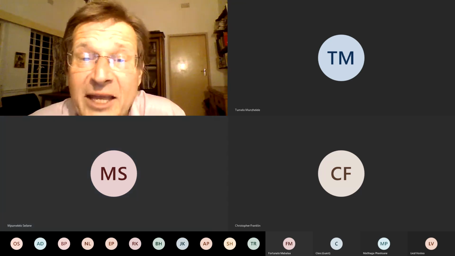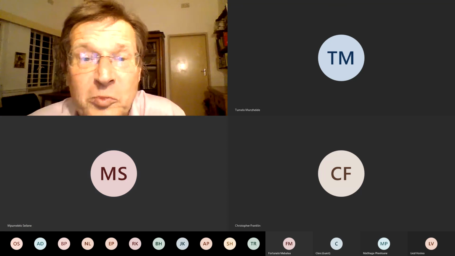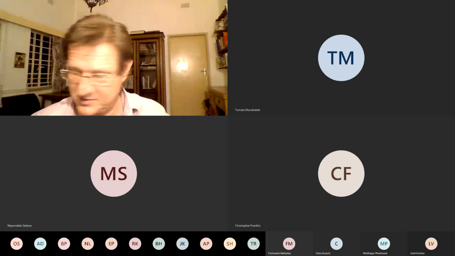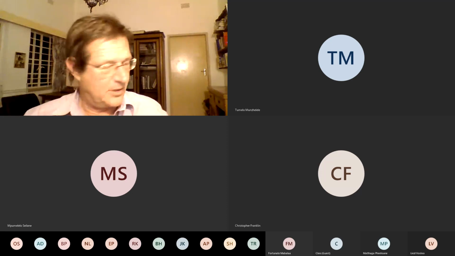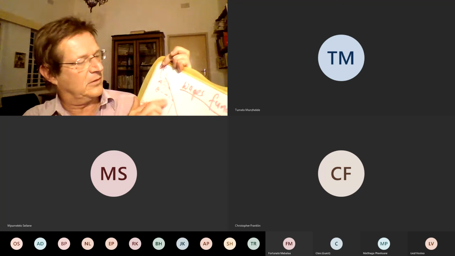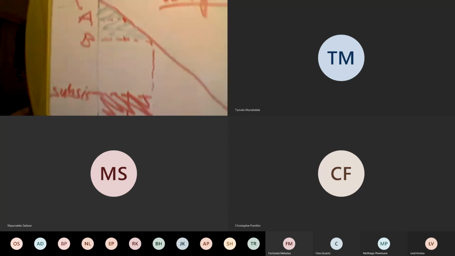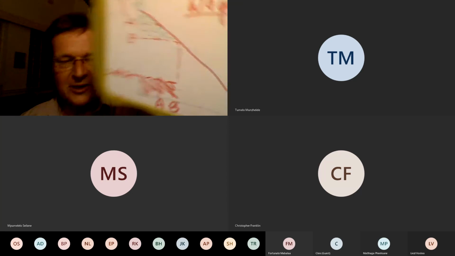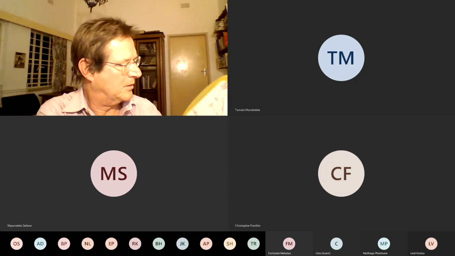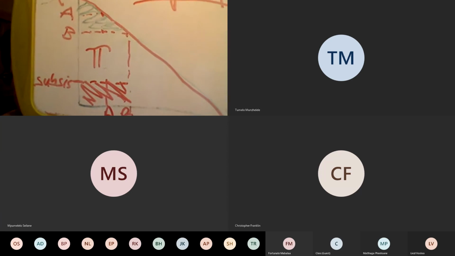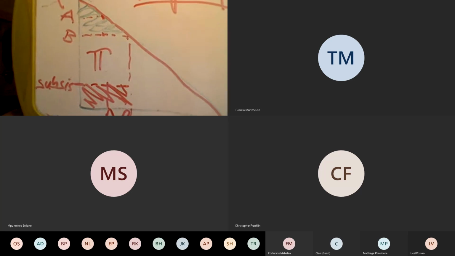It is really the total revenue earned minus rent, minus wages that are being paid. And so it is this white area, the blank area. The blank area is the profits earned, signified by pi.